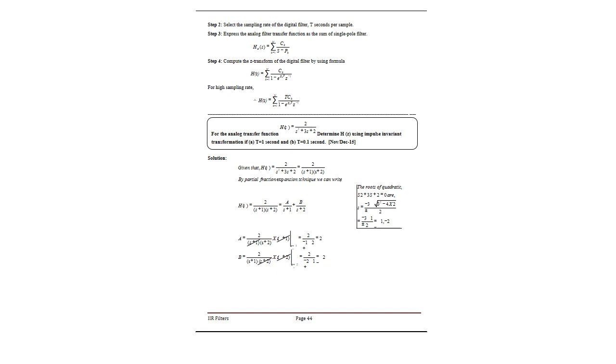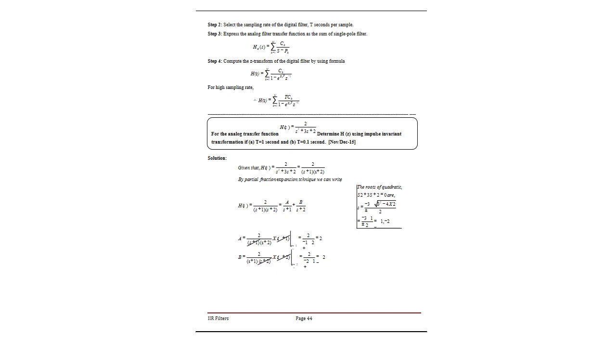Step 3, express the analog filter transfer function as the sum of single pole filters, that is H_A(S) = summation k equal to 1 to N of Ck divided by (S minus Pk).